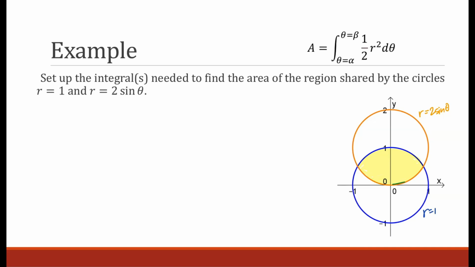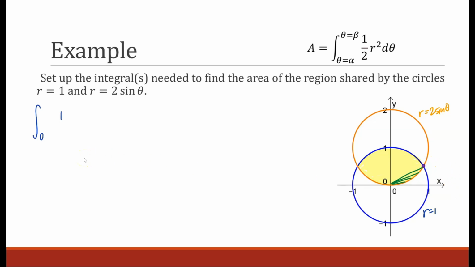So if we kind of think about collecting these little sectors, first we are on the orange function, r equals 2 sine theta, right up until this point of intersection here. So we are going to need to find that point of intersection. So let's start our problem here. Our problem is going to look like the integral from 0 to, well, whatever this angle point of intersection is.